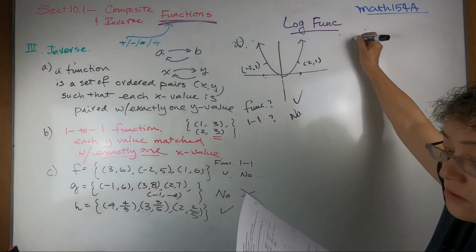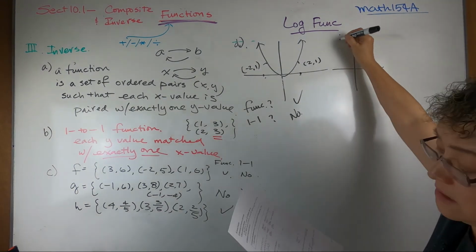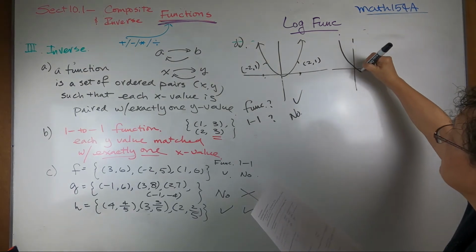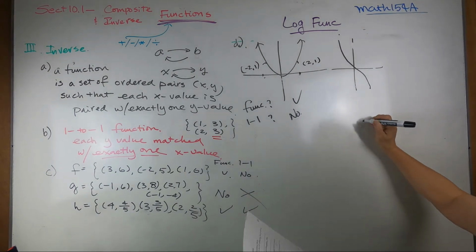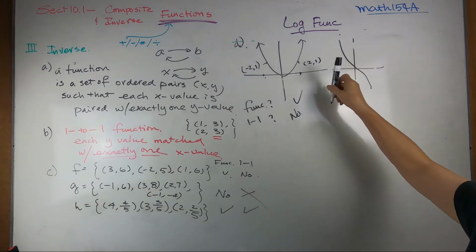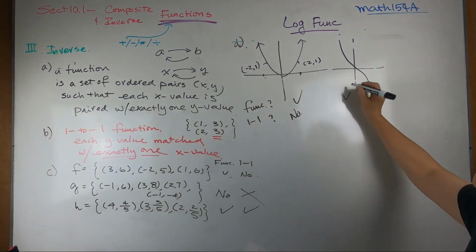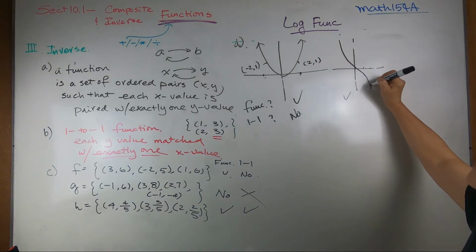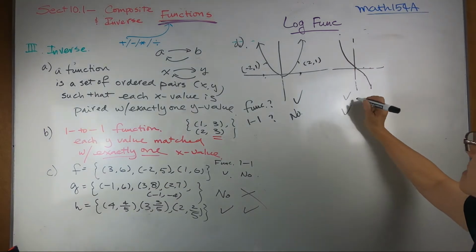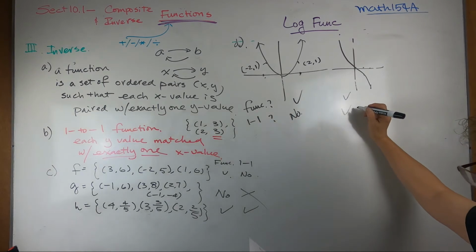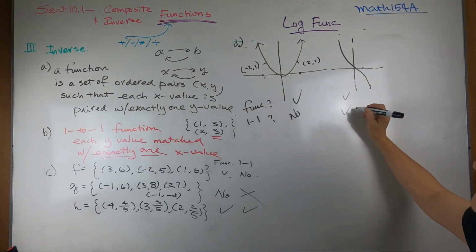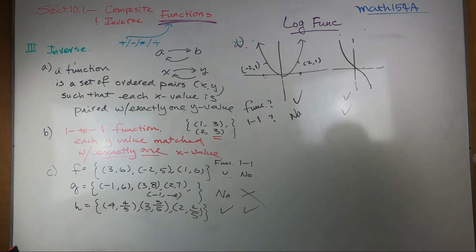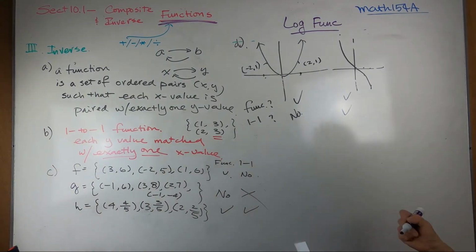Right? So if you look this way, if this one like this, is this a function? Yes. Is this 1-to-1? For each x, you only have one y, right? No repeated. So this, yes. Okay, how do we decide if it's a one-to-one function?